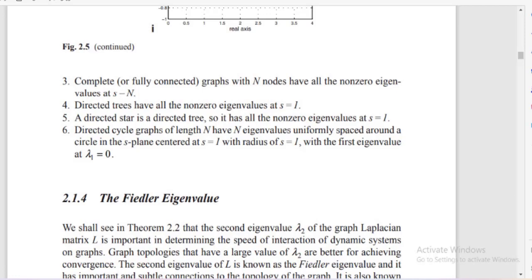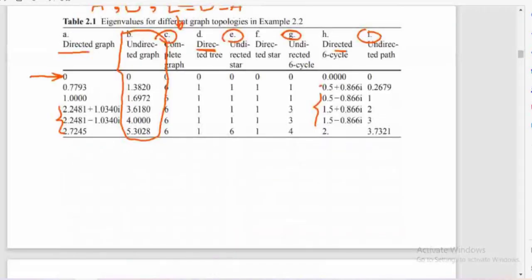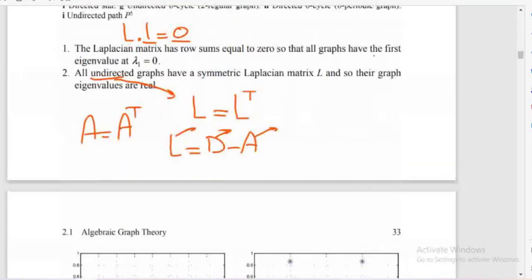Okay? A directed tree has all non-zero eigenvalues at 1. For example, like this directed tree, number D, the eigenvalues are all 1. This directed tree, the eigenvalues are 1. Okay?